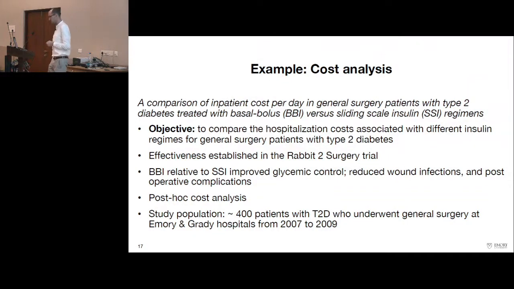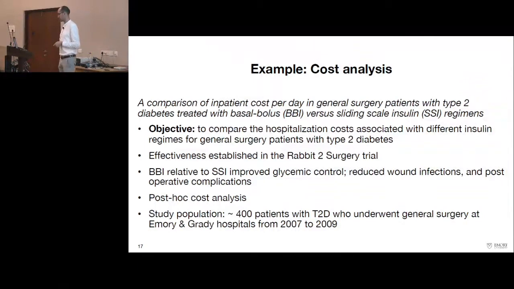The basal bolus insulin regimen, compared to the sliding scale insulin regimen, improved glycemic control and reduced wound infections and post-operative complications. So, in other words, it was a better treatment. But we still didn't know what the difference in costs was.